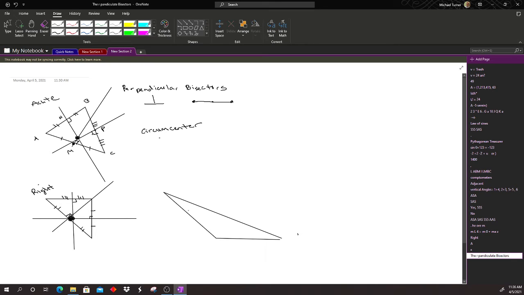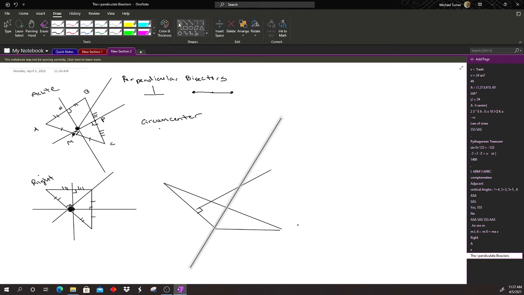Again, this point is being formed by taking the perpendicular bisectors of the three sides, okay? Right angle there, and then we have a point here, and then we have a line segment here.